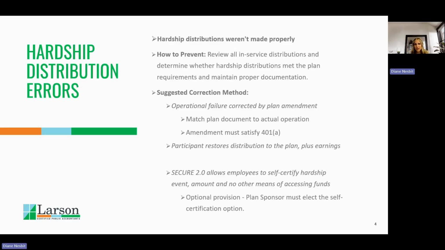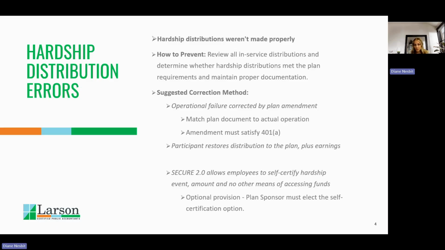So how to prevent? Be sure that you're reviewing all in-service distributions and determine whether hardship distributions met the plan requirements, and also maintain proper documentation. As a side note, Secure 2.0 allows employees to self-certify hardship events, amount, and no other means of accessing funds.